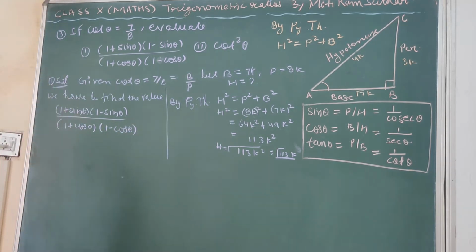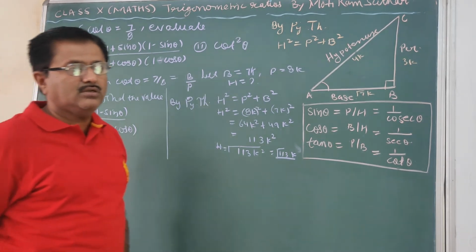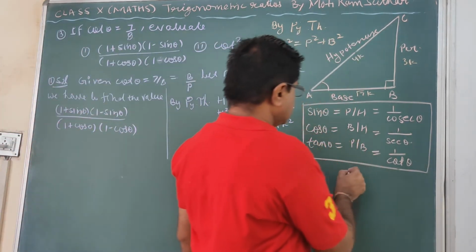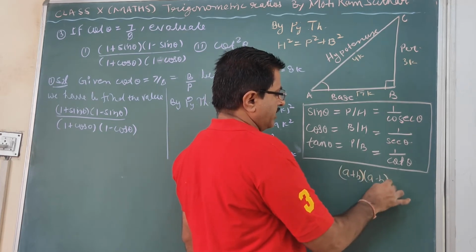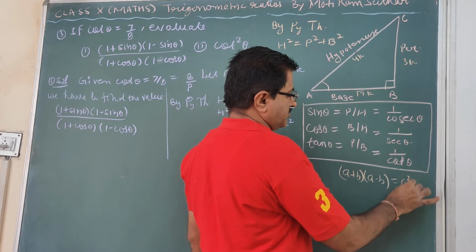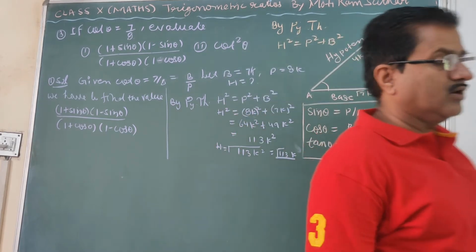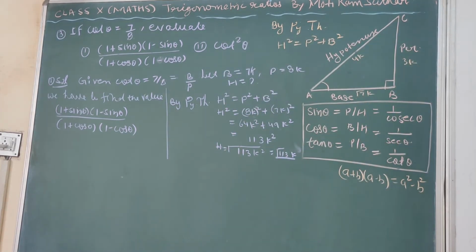In earlier classes you already know the formula: a plus b into a minus b is equal to a square minus b square.